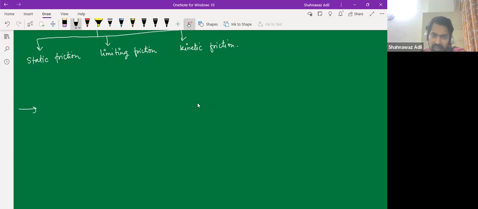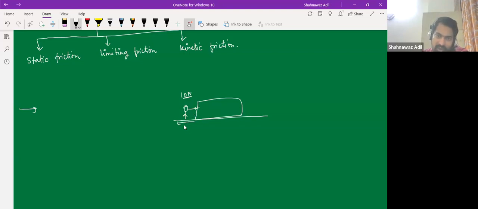Let's say this is some sofa on the surface, and Arcade was pushing this sofa. We saw that initially Arcade applied 10 Newton force. Then what happened? The sofa didn't move, which means the surface also applied some opposing force to obstruct the relative motion of this sofa.